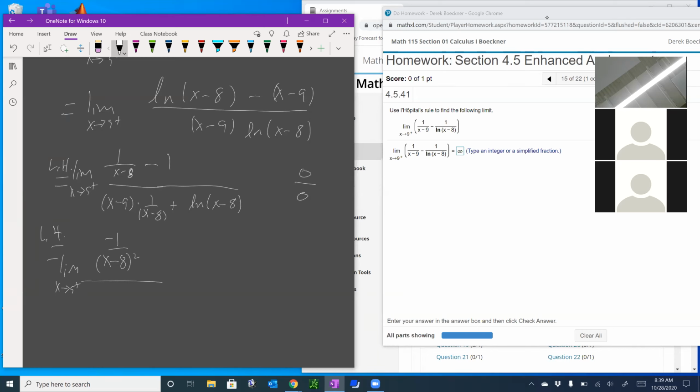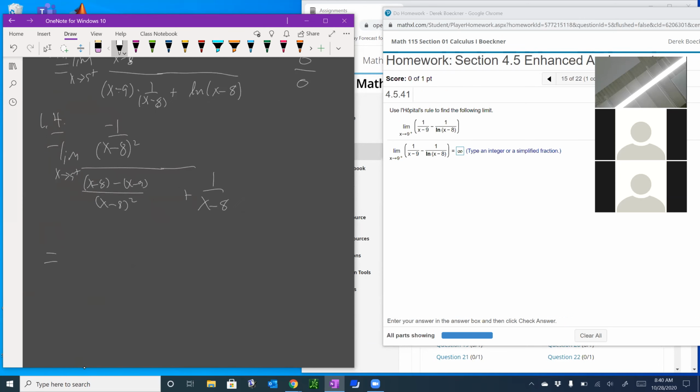And now I'm just going to have a 1 up top, so I'm not going to have an indeterminate form anymore. So that's promising. On the bottom, that's going to be a x minus 8 under it with a plus sign. If you use the quotient rule here, low d high minus high d low over square what's below.